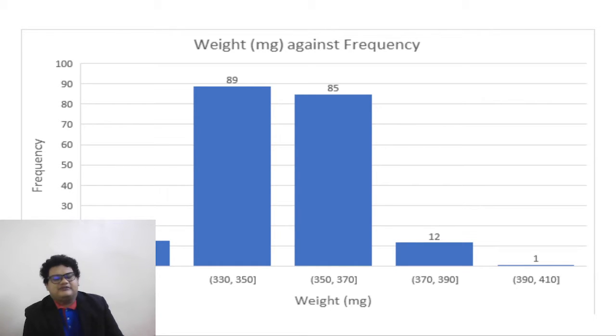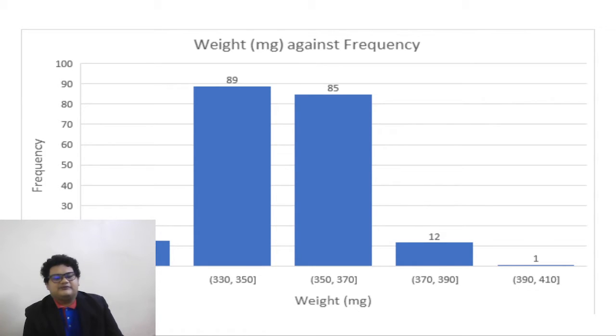This graph shows that around 330 to 350 milligram is the highest sample that we get, which is 89 samples. The second highest is around 350 to 370 milligram, which is 85 samples.